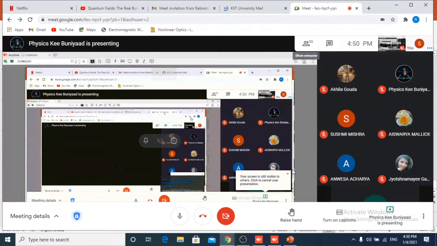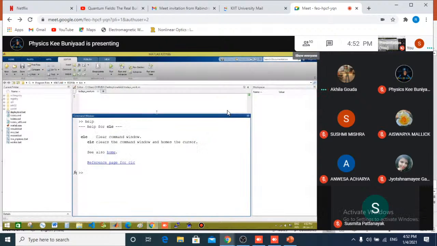It shows the same thing. Help should give a list of all commands available in MATLAB. Maybe this is a new version, so it is not showing all commands. Anyway, so help is over.